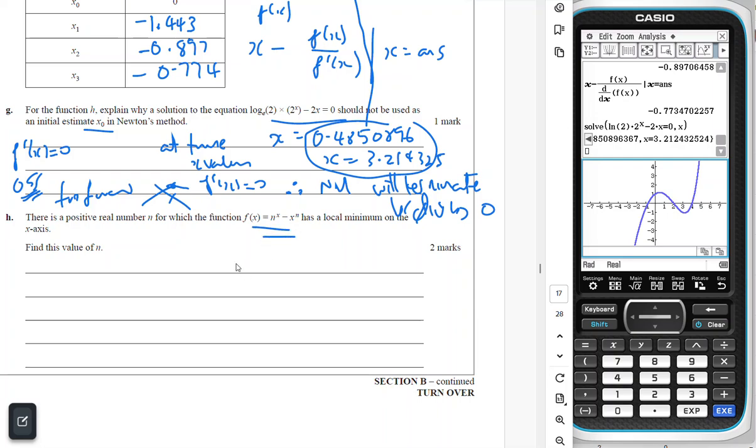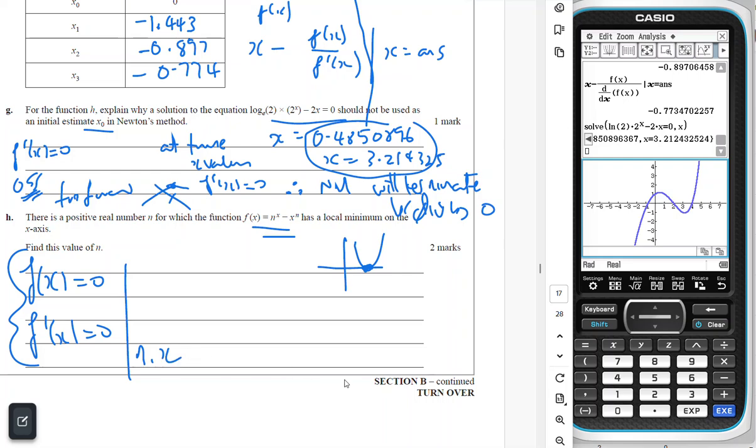And in the last question, we're looking for f of x having a local maximum on the x-axis. Therefore, f of x equals 0 and f dash of x equals 0, and I wish to solve for n and for x. Now, if 0 equals n to the x minus x to the n, then x to the n equals n to the x, which only can happen when n equals x.